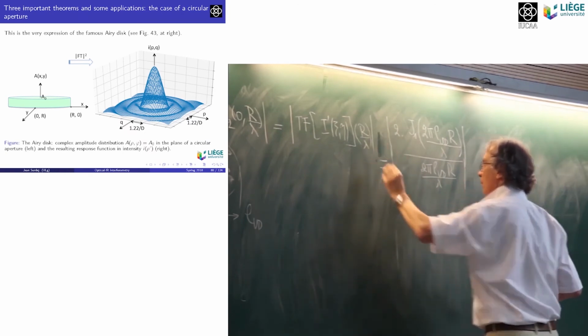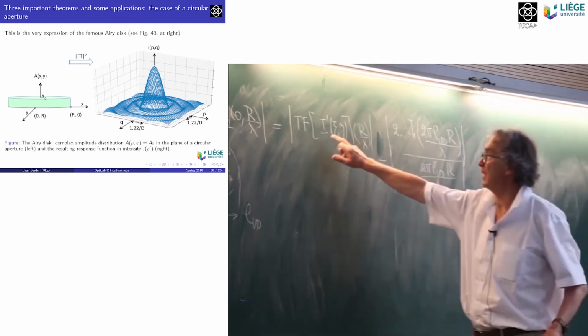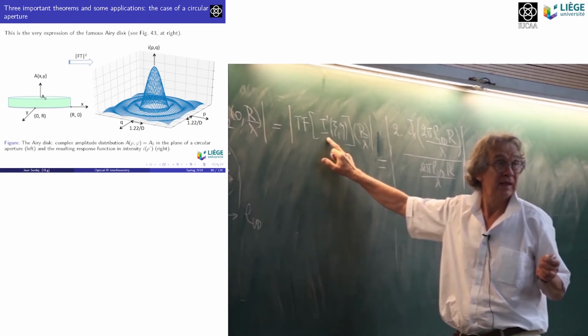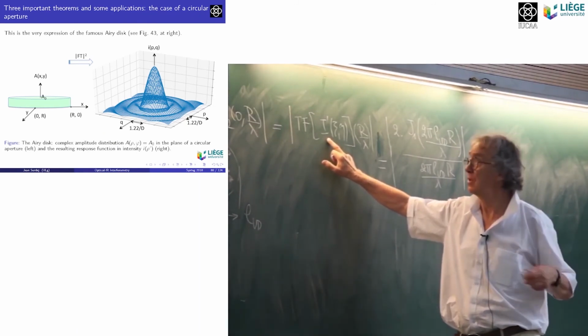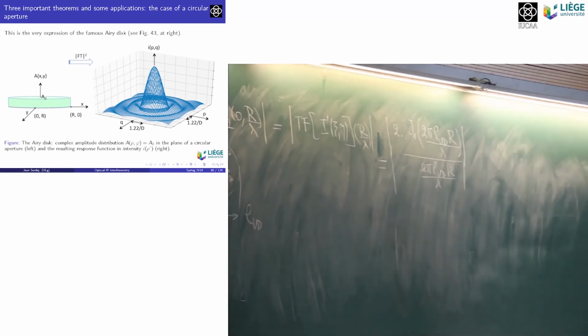So this was what we found. Now you remember we were using here the normalized intensity distribution at the surface of the star, which was 1 over pi times the square of the angular radius.